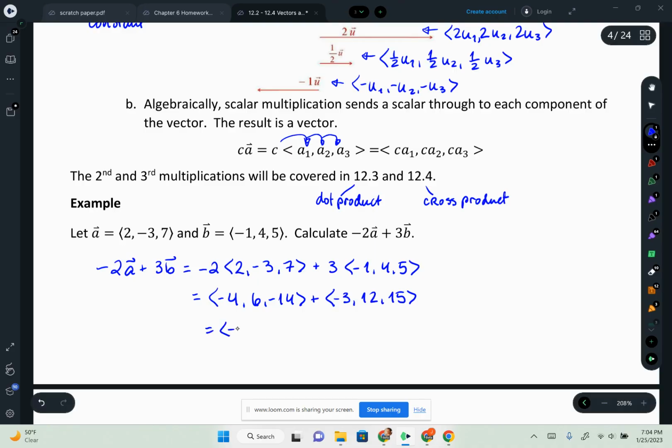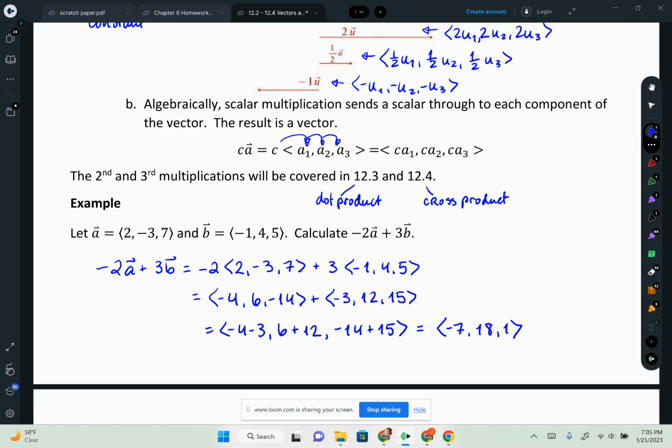So this gives me -4 minus 3 in my x component, 6 plus 12 in my y component, -14 plus 15 in my z component. And then I go ahead and finish my addition. -7, 18, and +1. Those are the components of my resultant vector.